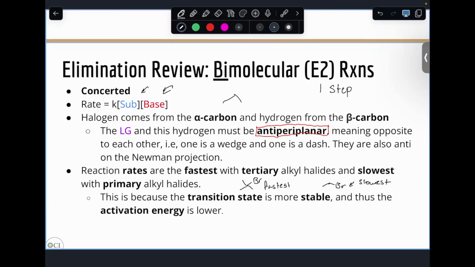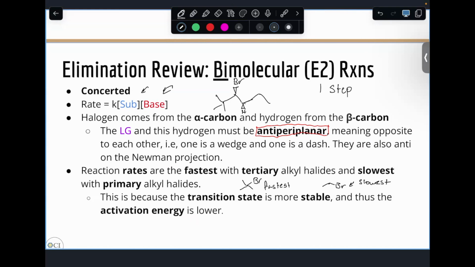So if we have something like this, can that do E2? You said no? Okay, so yeah, anti-periplanar, we see that the bromine and the hydrogen are on the same plane.